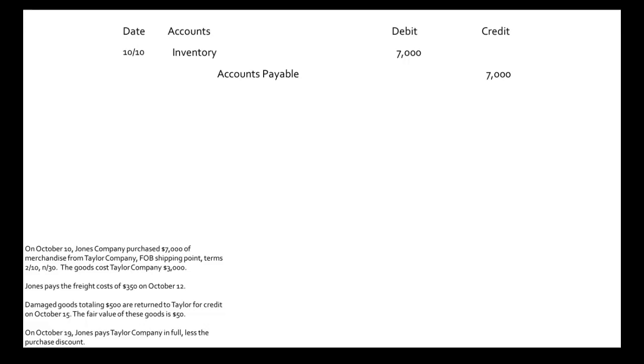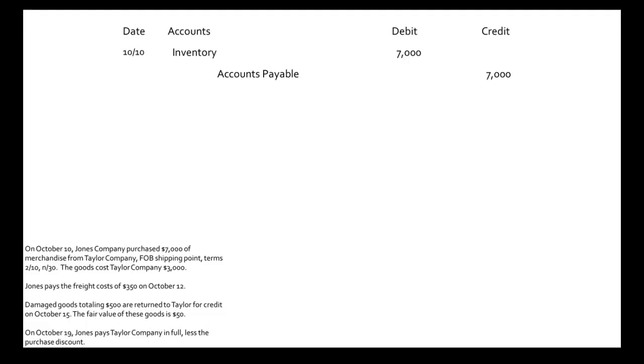And then the next piece says that the goods cost Taylor Company $3,000. Well, when we are Jones Company, we don't care what the goods cost Taylor, right? If you go to a store and purchase something, all you care about is the price that you had to pay for it, right? The $7,000 in this case.